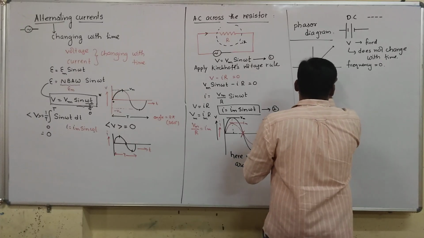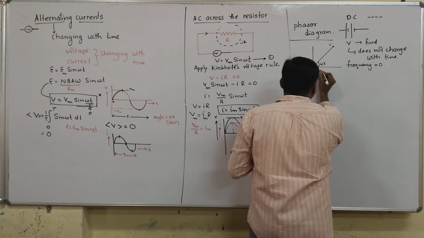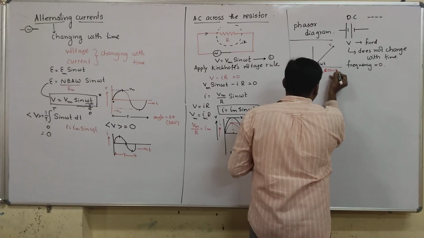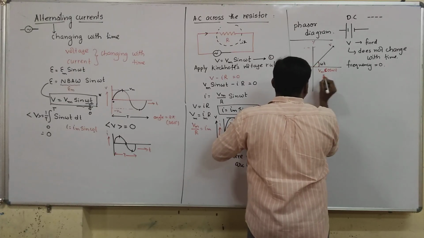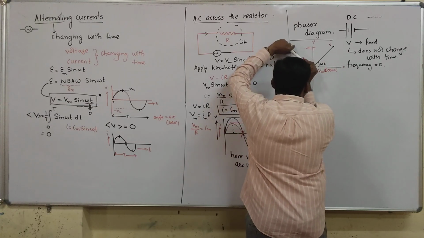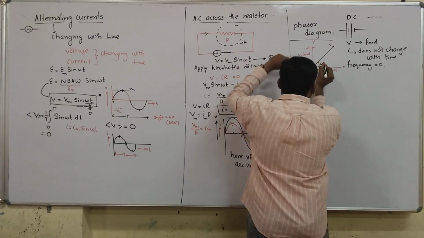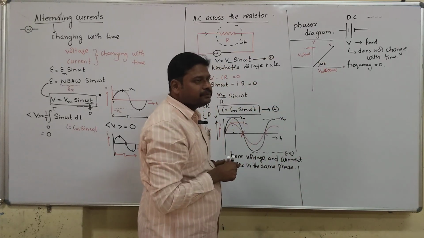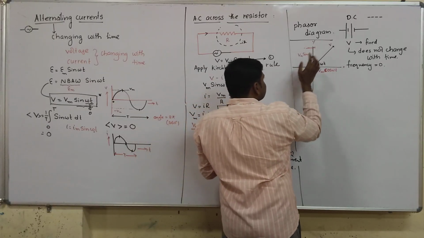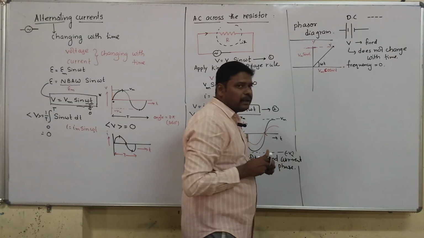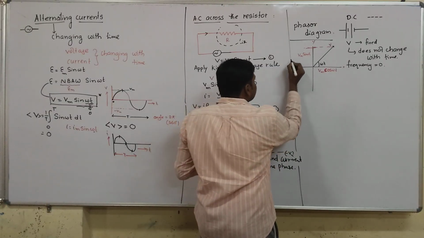Then this is Vm cos omega t, and the vertical projection on the y axis is Vm sin omega t. As omega t is changed, theta changes, and the projection value also changes, meaning Vm sin omega t changes.